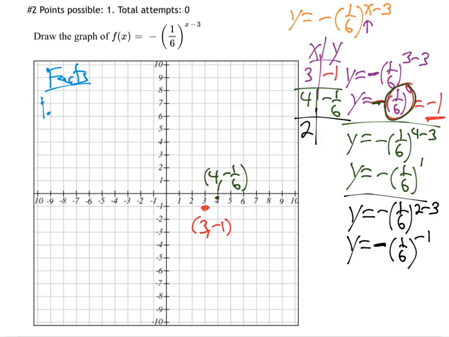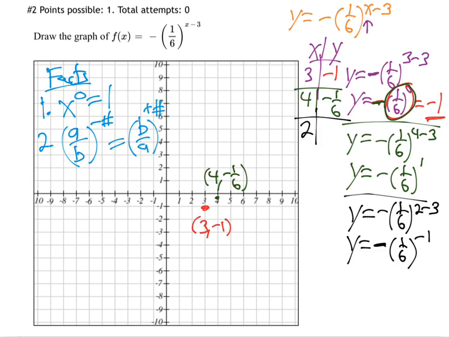Fact number 1, any number to the 0 power is 1. Second fact, anytime you have a fraction, like a over b, to a negative number, it flips the fraction, becomes b over a to the positive number.